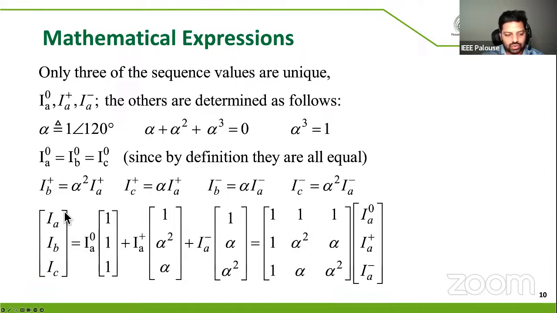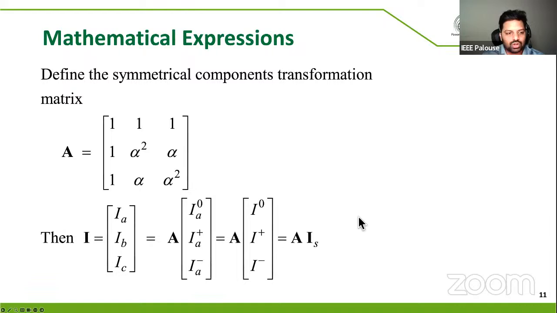If you look at this equation, your phasor components are equal to this matrix multiplied by the symmetrical components. If we define that matrix as A, or a transformation matrix, we can rewrite that equation as: the phasor components are equal to the transformation matrix times the symmetrical components.